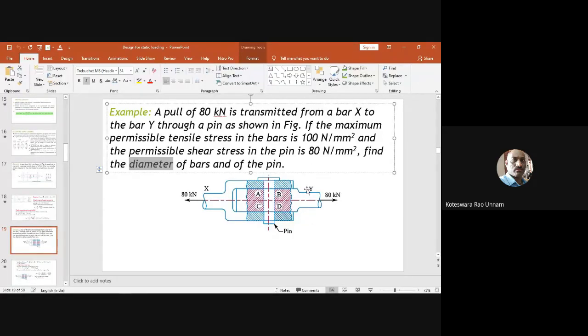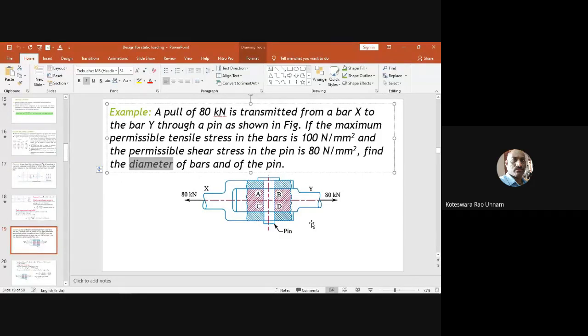I don't know the diameter, but I'll assume the diameter as D. In the case of a circular cross section, I know the area. What is the cross-sectional area formula? Pi by 4 D square, where D is the diameter.